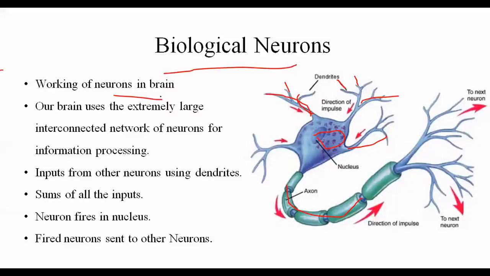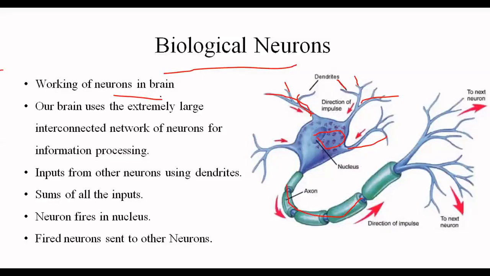So our brain uses an extremely large interconnected network of neurons for information processing. Billions of neurons are in our brain, and inputs from the other neurons are taken by the dendrites, and our nucleus or cell body will sum all the inputs taken from the dendrites and give a signal, or it will fire, and the firing signal is given to the next neuron for the next processing.